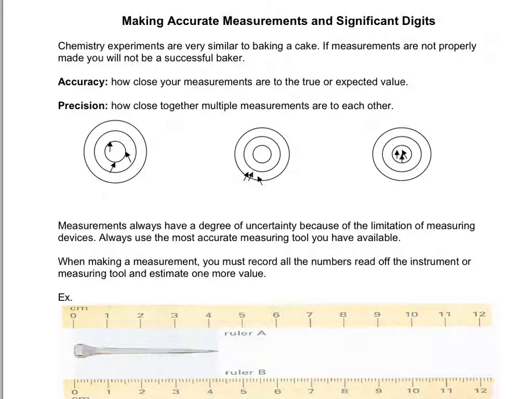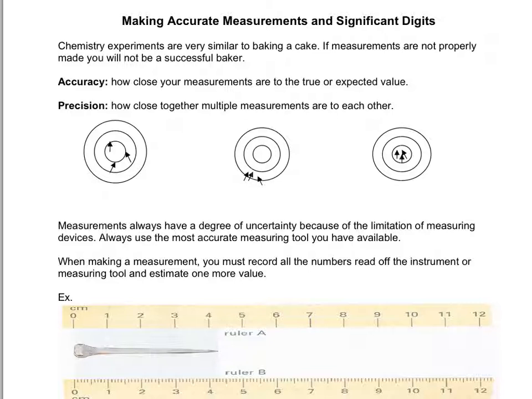Precision is how close together multiple measurements are to each other. In science, we often repeat experiments or measure things many times and take the average of what we've recorded to make more accurate measurements.